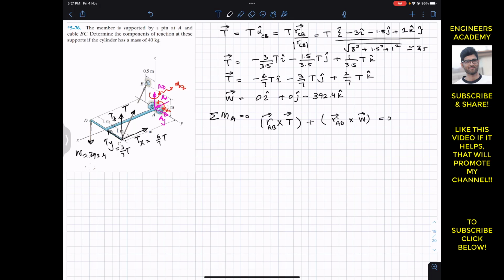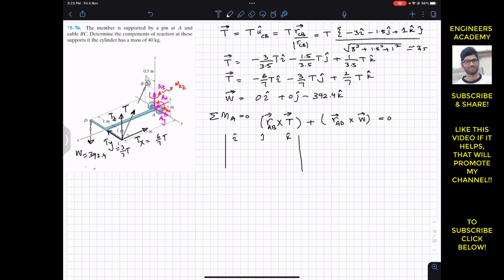So now we know how to find the cross product. We have to write that as a matrix, and that will be i, j, and k. And then in the second row, we need to write the components of the position vector from A to B. So again, we need to find the position vector from A to B. We need to move from A to reach that point B. The position vector from A is that we need to move 0.5 meters in the negative y, that is in the negative j.